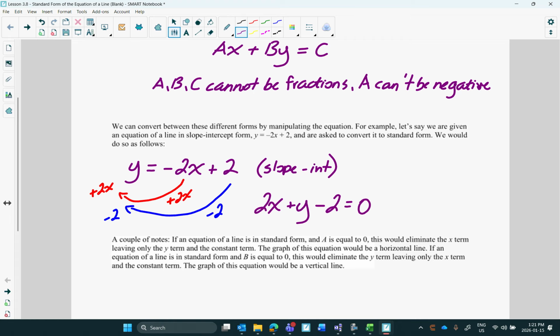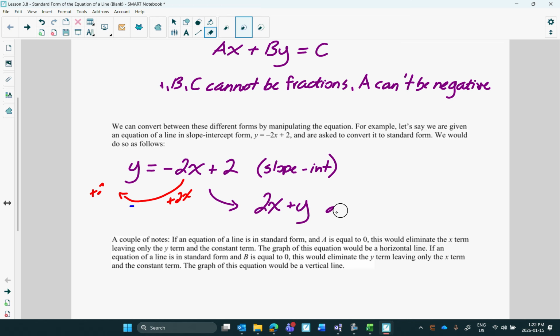I put it into a different form, because the number has to stay on the right-hand side. So just to correct that, we only have to take the 2x over. This stays on the right side, so it's going to be 2. I only had to move the minus 2x over. That's it. That's all you do. Okay?